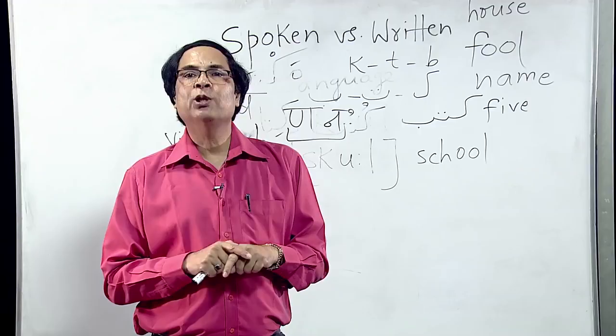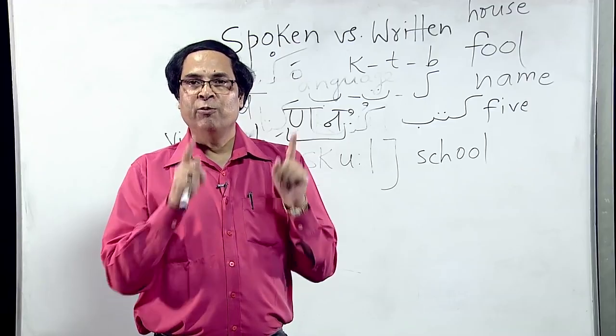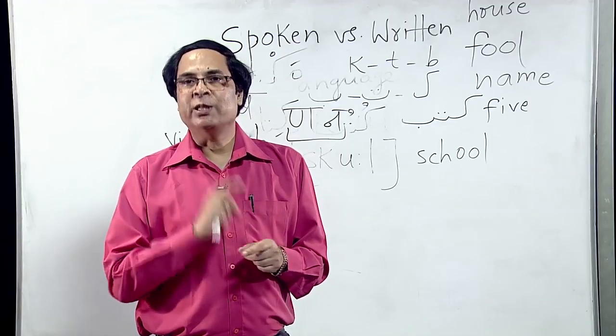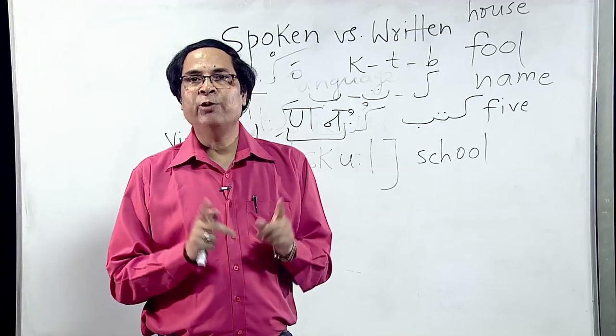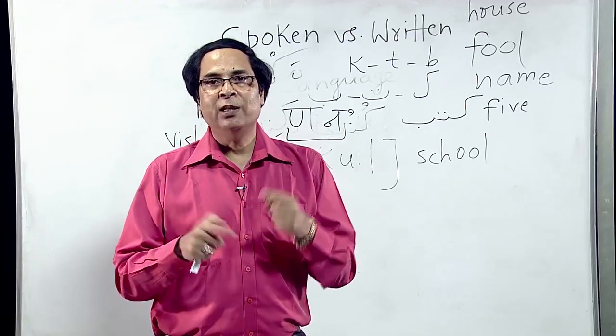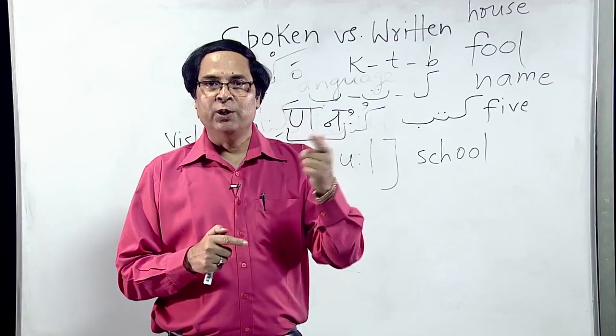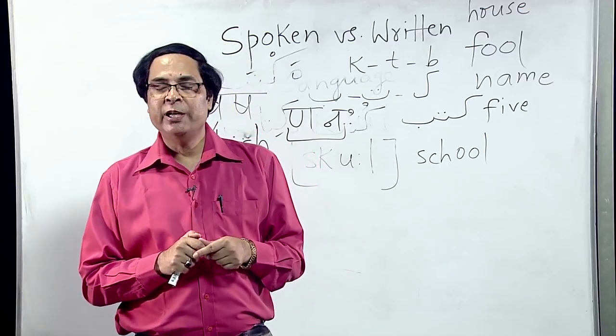They all use the Roman script. So, many languages, but only one script, one orthography, one writing system. And the vice versa is also true. Santali is one example in India.